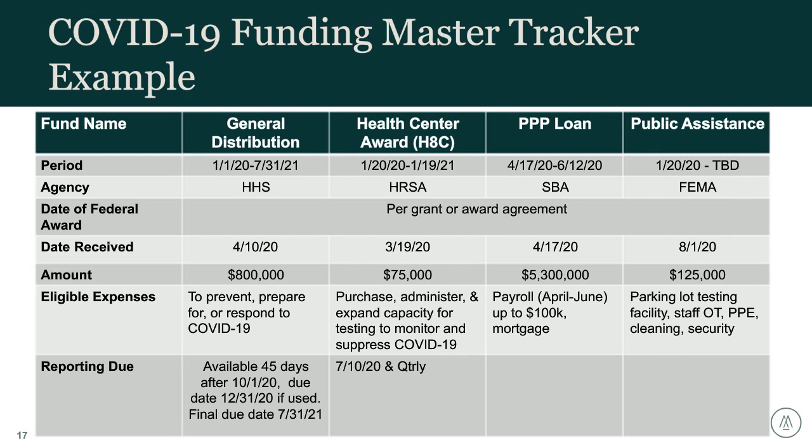And then if you can describe what were the eligible expenses for this award and what were the eligible expenses that you are using it for. So this is sort of just a high level of generally what's eligible, but what you want to have on your master tracker is, hey, we used our general distribution to pay our lease on our property for the months of March through August.